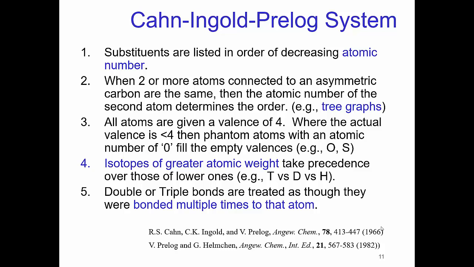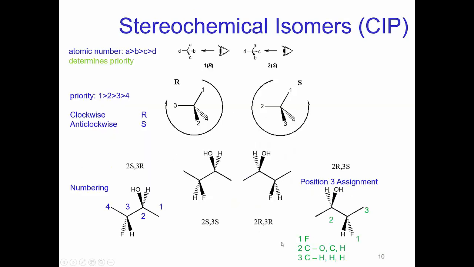Okay, so let's start out with this, right? Substituent list in order of decreasing atomic number. Okay, we've talked about that. When 2 or more atoms connected to an asymmetric carbon are the same, then the atomic number of the second atom determines the order. Tree graphs, right? This is what we talked about in the previous slide, where we had 2 carbons that were the same.